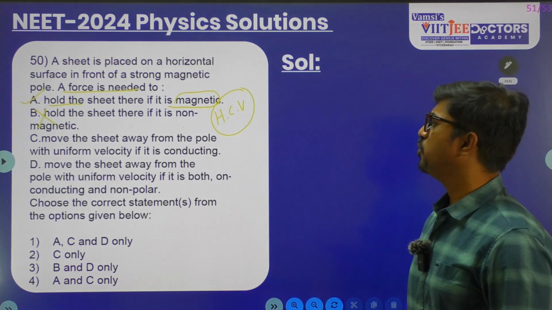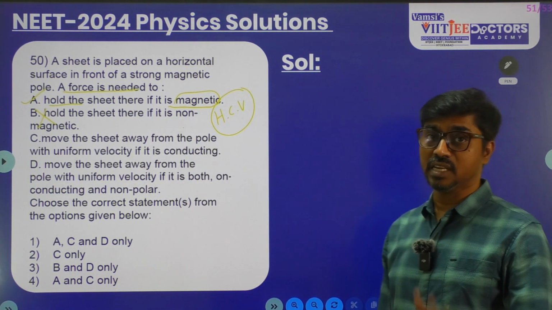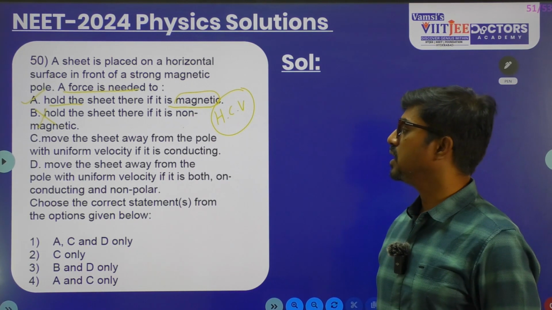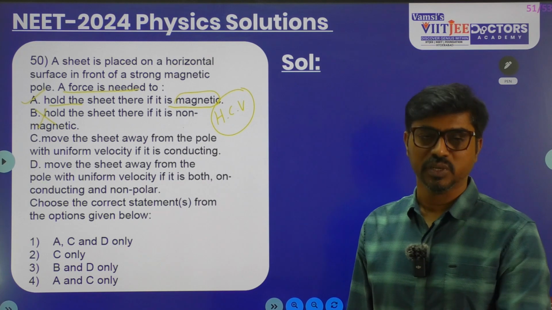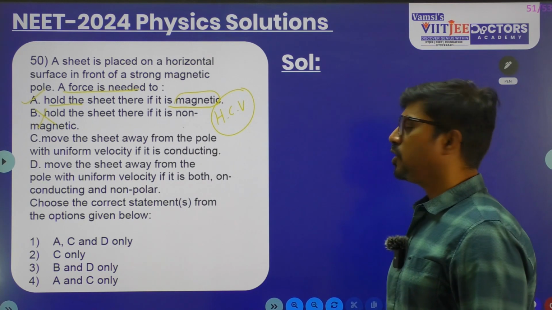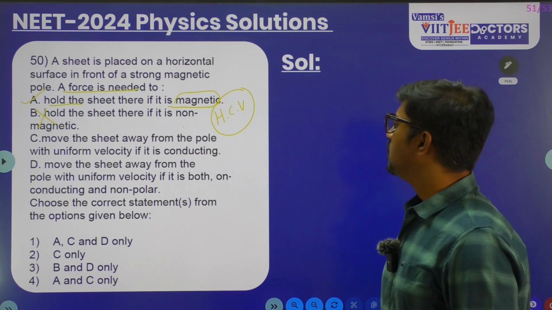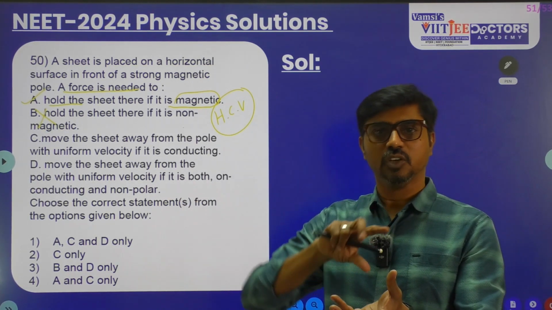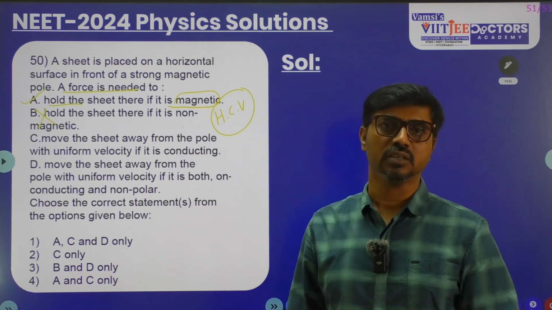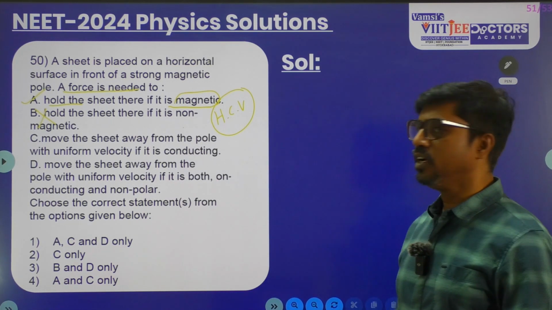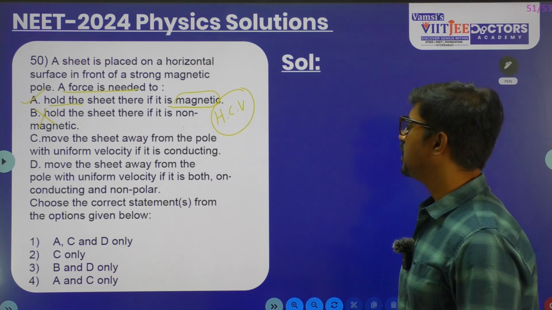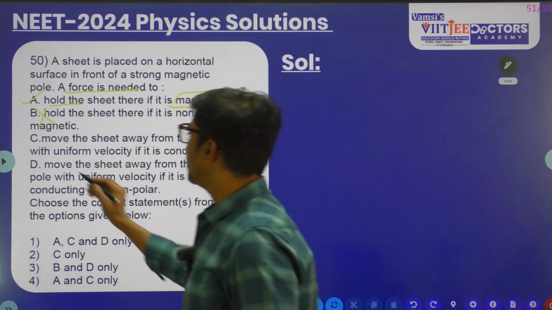Move the sheet away from the pole with uniform velocity if it is conducting. Whenever you have a conducting sheet and you move it in front of the magnet, there will be eddy currents created because of the unsteady magnetic field or motional EMF. Because of that current, there will be some magnetic effects there. So it will behave like a magnet. Otherwise, you can look at a BIL force. In spite of that BIL force, if you want to continue to move it with uniform velocity, you need to apply force. That is correct.